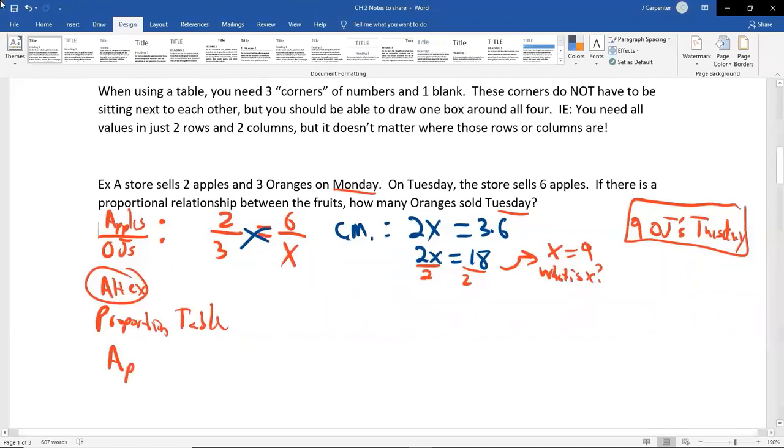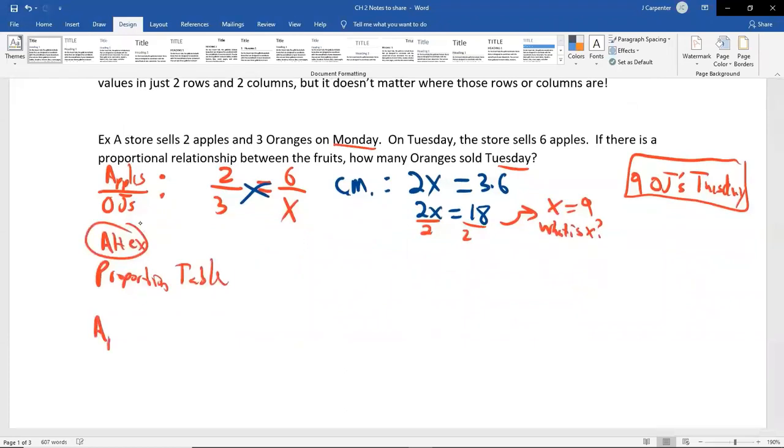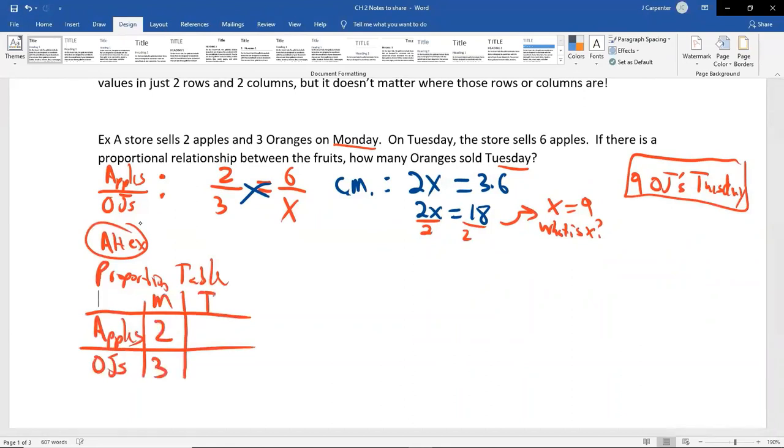All right. We have apples and we have oranges. And we sold some apples on Monday, we sold some apples on Tuesday, we sold some oranges on the same days. So 2 apples and 3 oranges on Monday, and then we sold 6 apples on Tuesday, and this spot is blank.